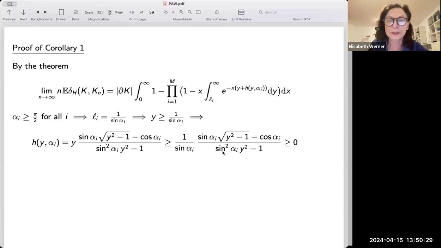The only thing that we want to realize is that this whole expression is bigger or equal than 0, which is the case because one can show that the function h of y, alpha i is positive if y is equal to 1 over sine alpha i, and then it is monotonically decreasing, going to 0 as y goes to infinity.